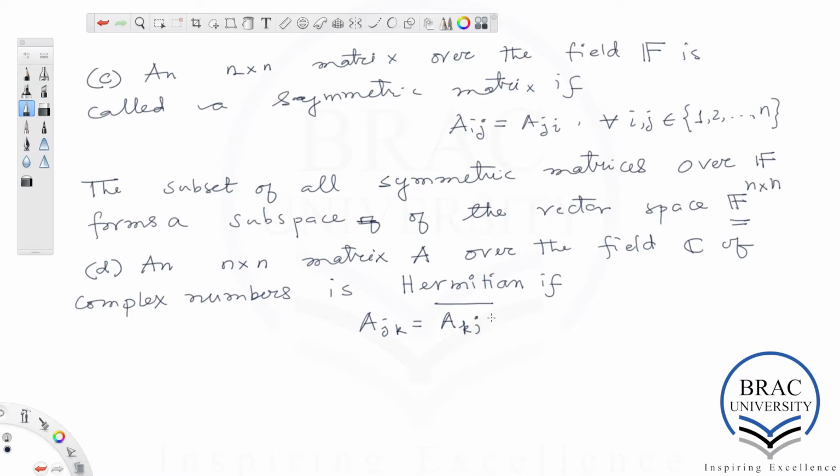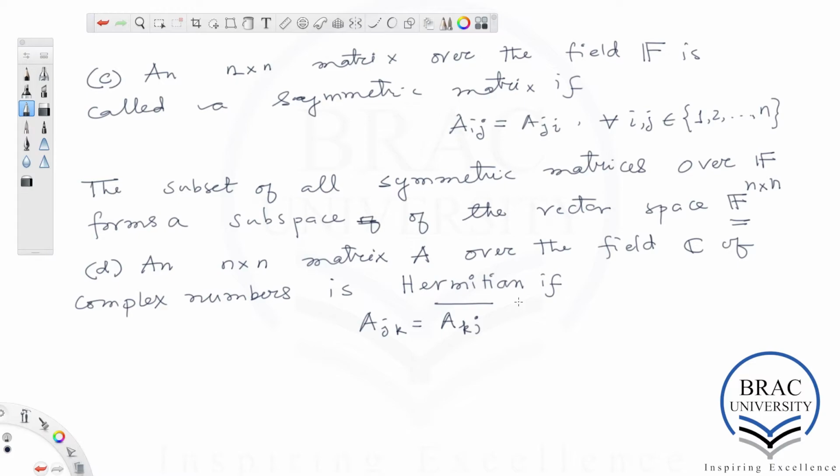The right side is the transposed conjugate. You first take the transpose of the matrix by interchanging the rows with the columns, and then take the complex conjugate of each entry.